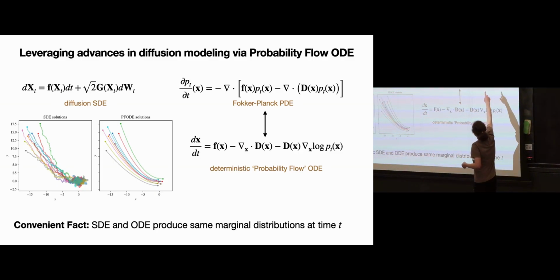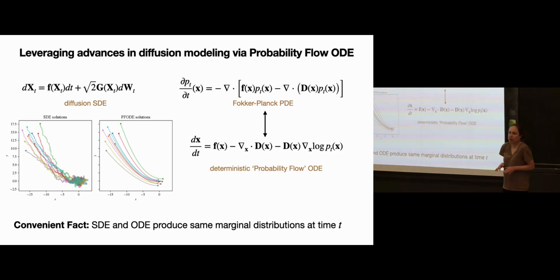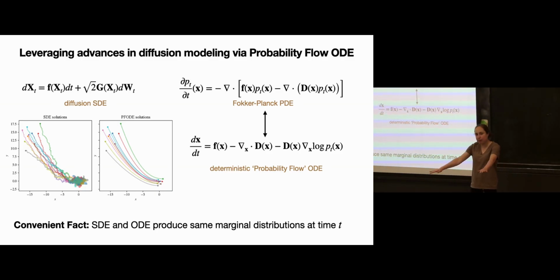This diffusion term, the noise term here, contributes an extra term to the flow in X. If you simply had just this sort of diffusive process going on, it would generally make your points spread apart from one another.